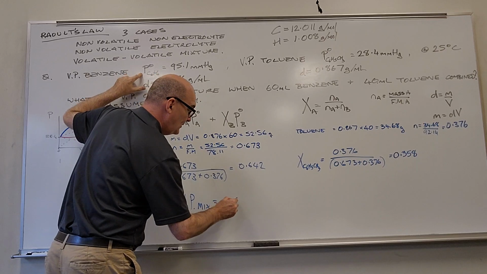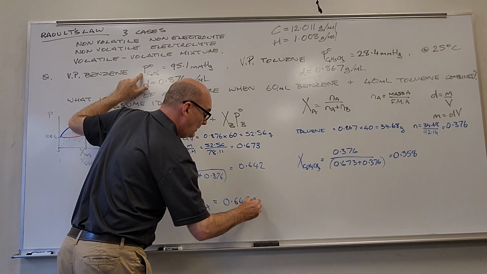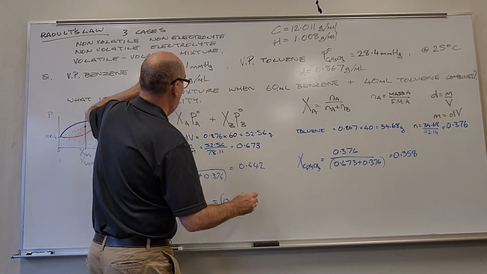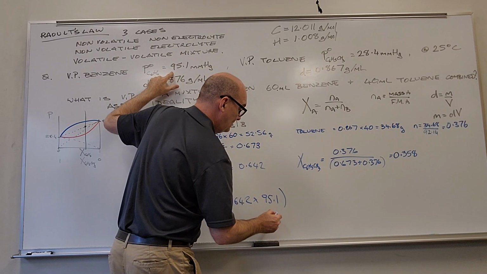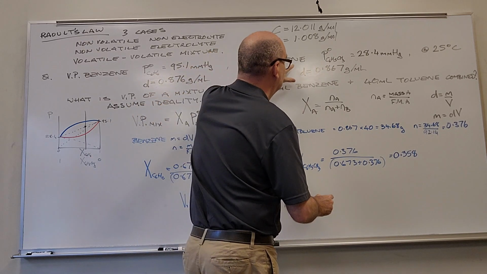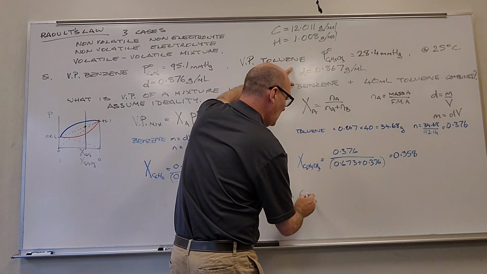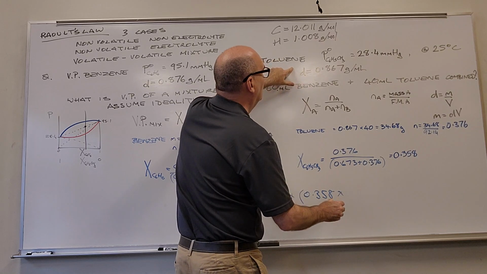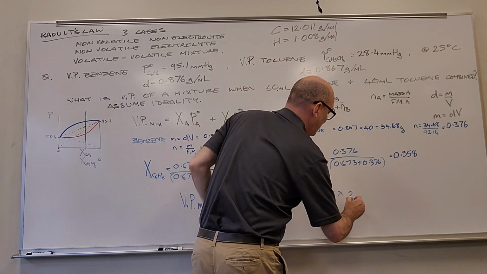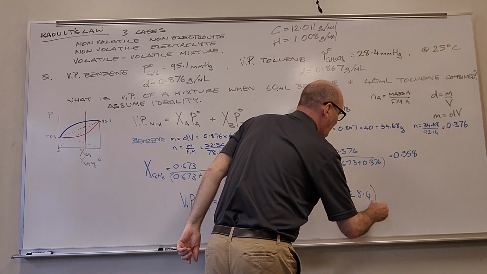This gets to be 0.642 multiplied by 95.1 plus 0.358 multiplied by 28.4.